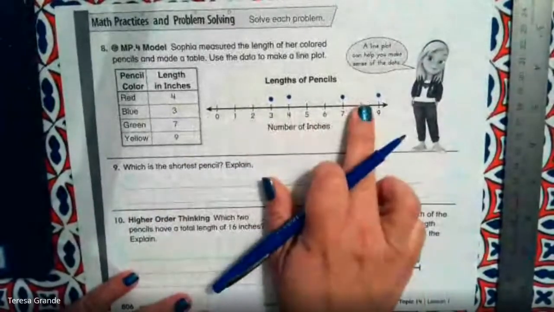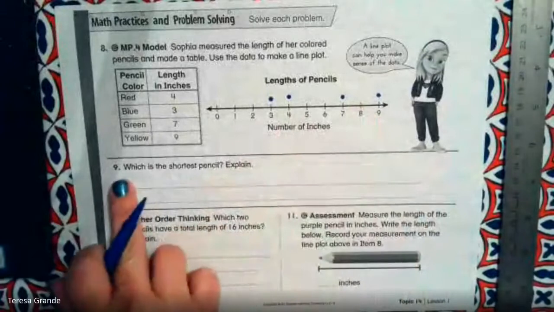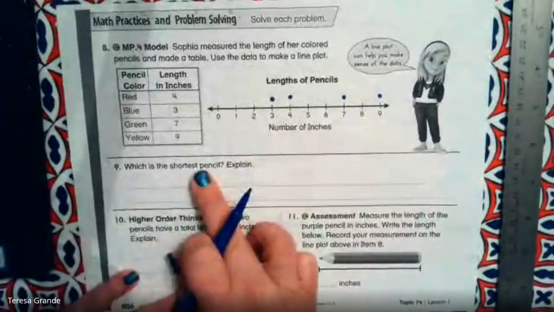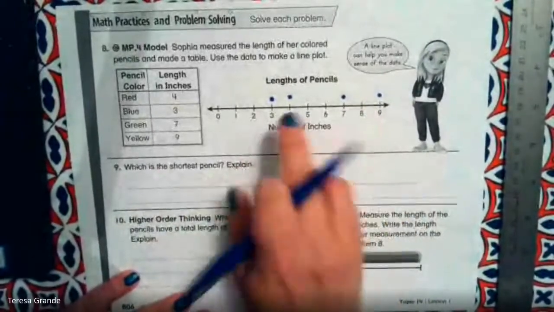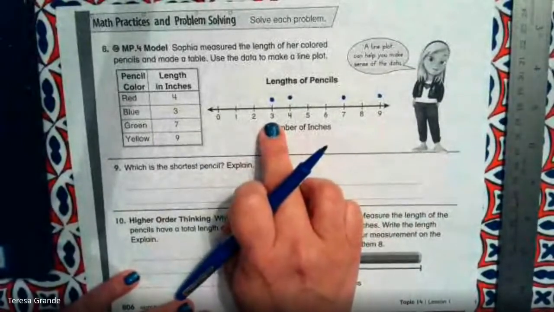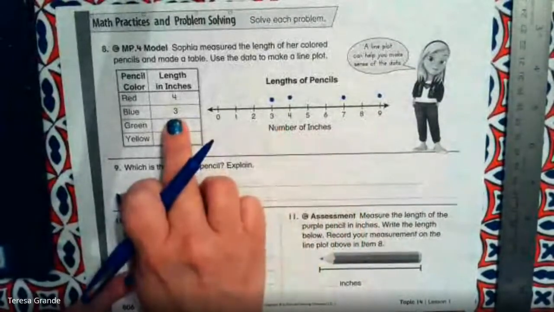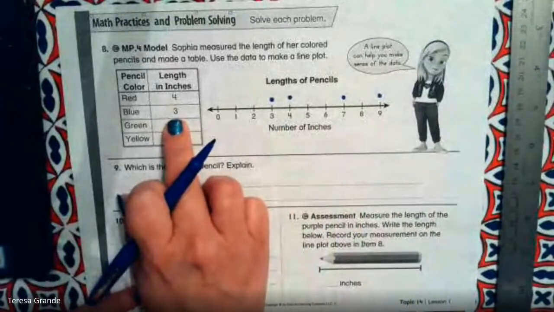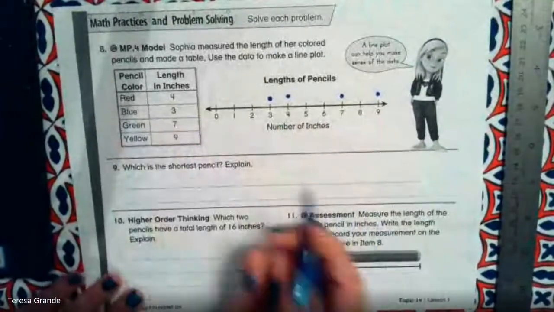If we look at our line plot, we can answer number 9 very easily. Which is the shortest pencil? So the shortest pencil is the pencil that is 3 inches long. What color is the pencil that is 3 inches long? Right, the blue pencil.